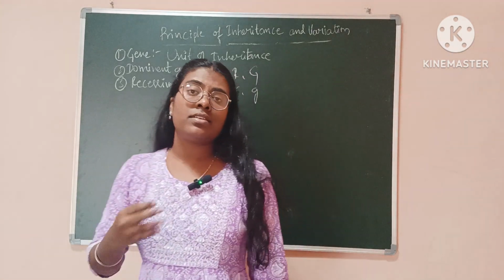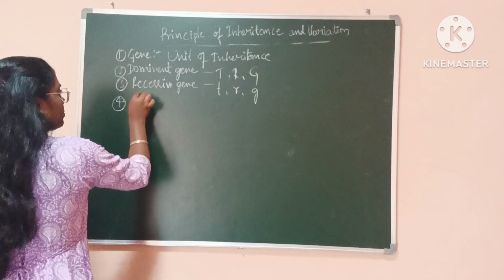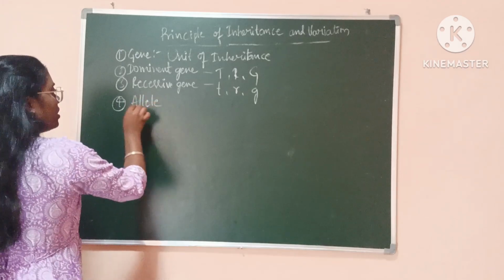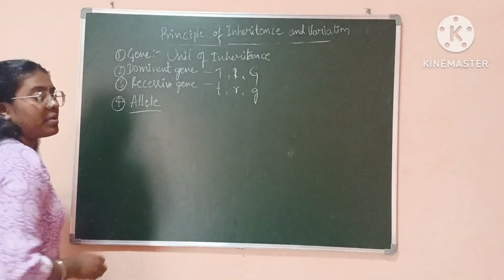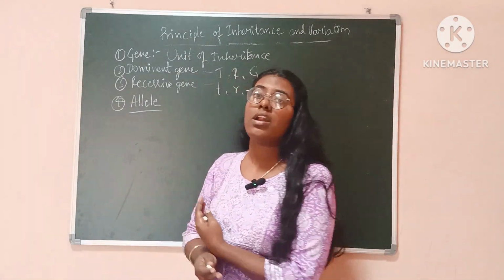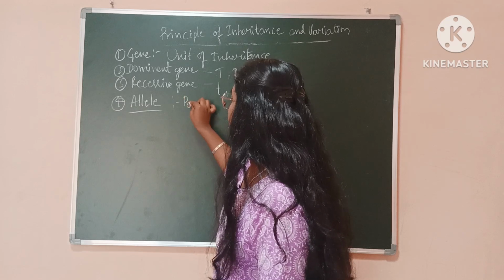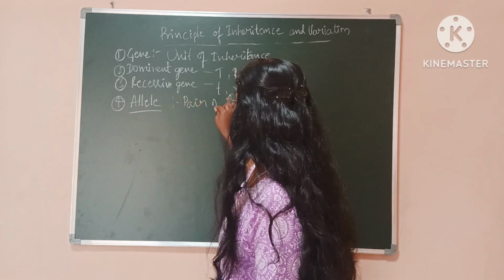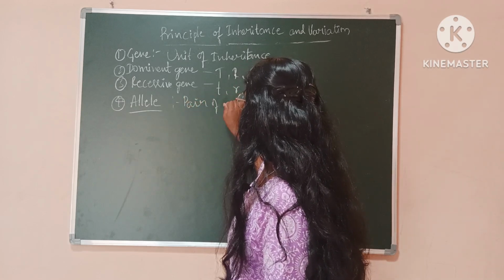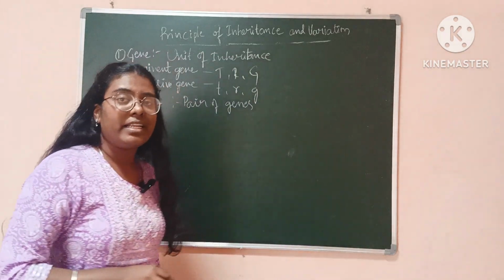And coming to the next one, that is allele. The meaning of allele is very simple: the pair of genes is considered as allele or allelic set.